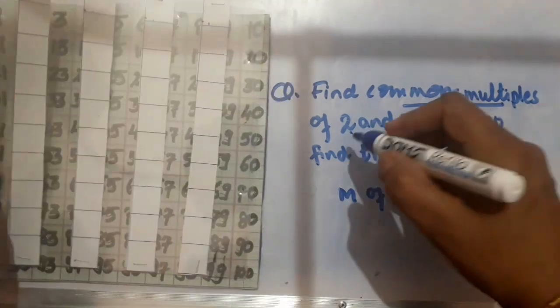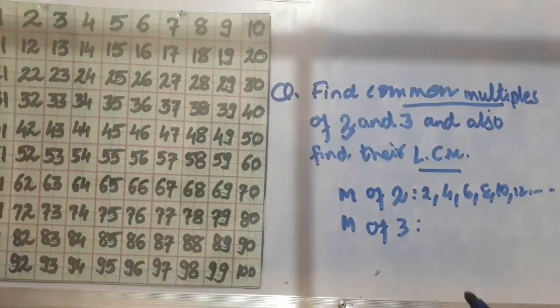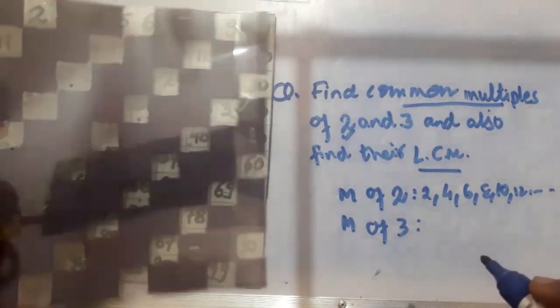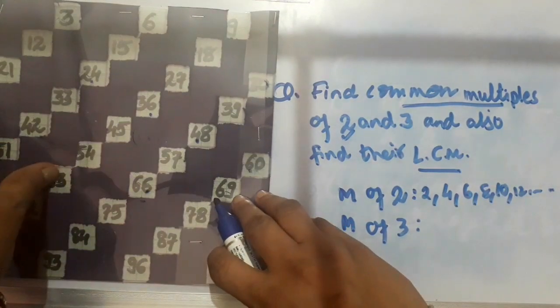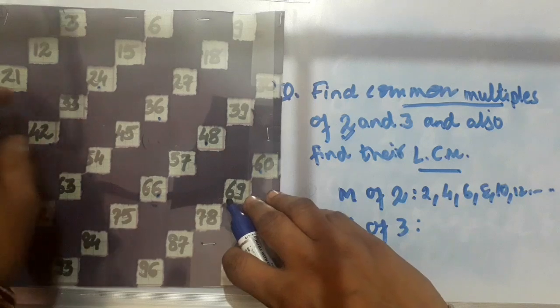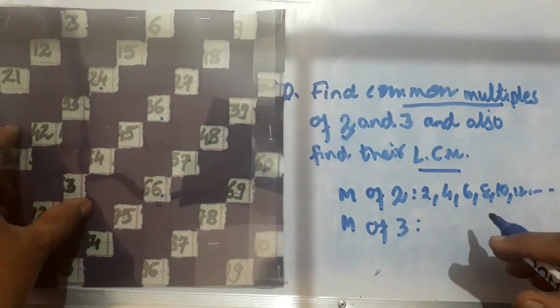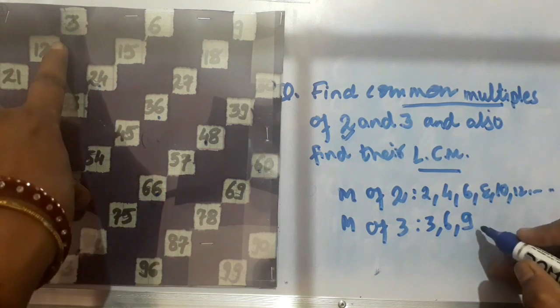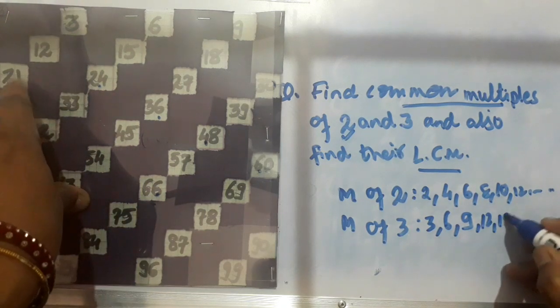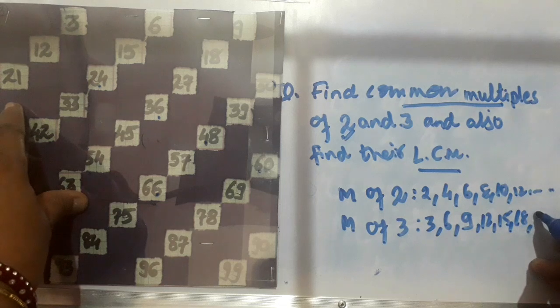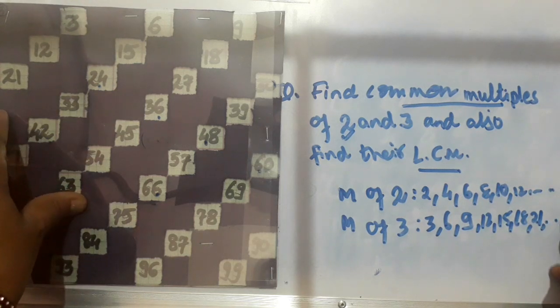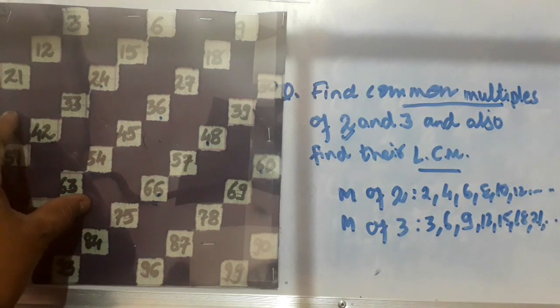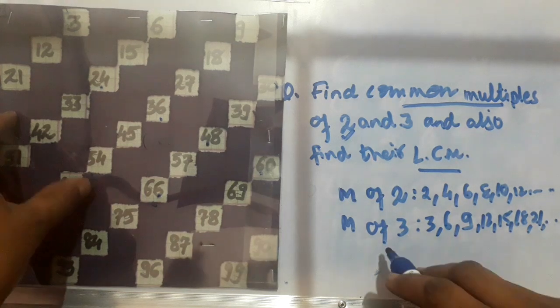Now I want to find out multiples of 3. So now multiples of 3 I will find out using the grid, and here you can see the numbers which are uncovered are 3, 6, 9, 12, 15, 18, 21 and so on. They are all multiples of 3.